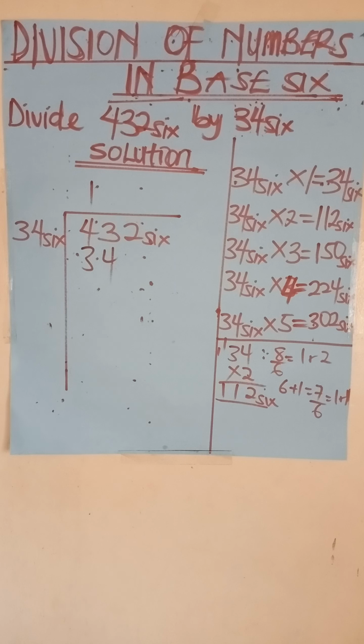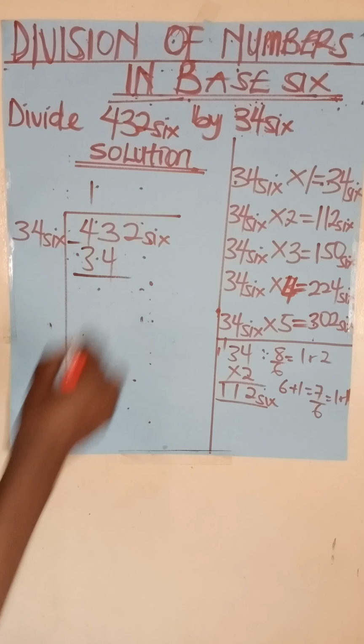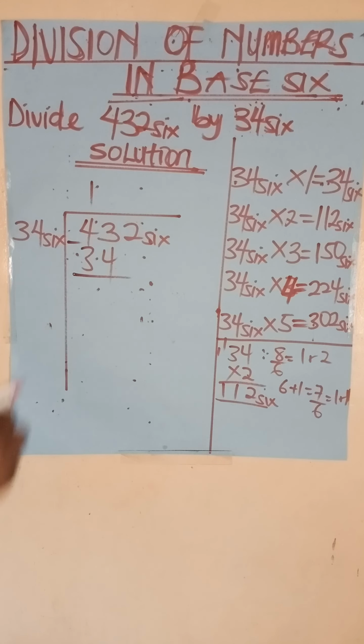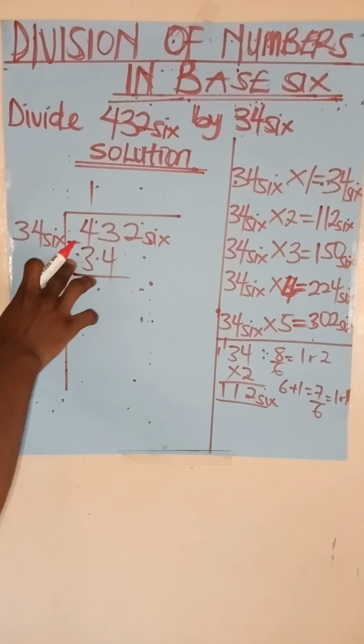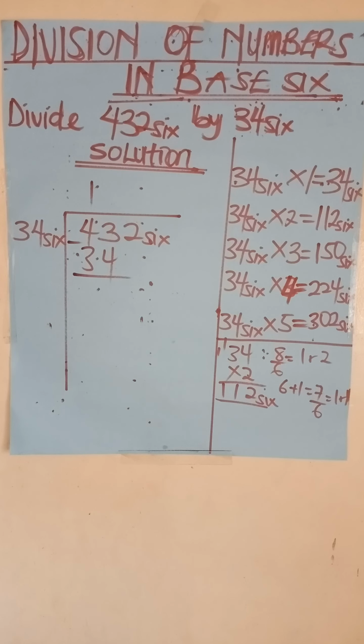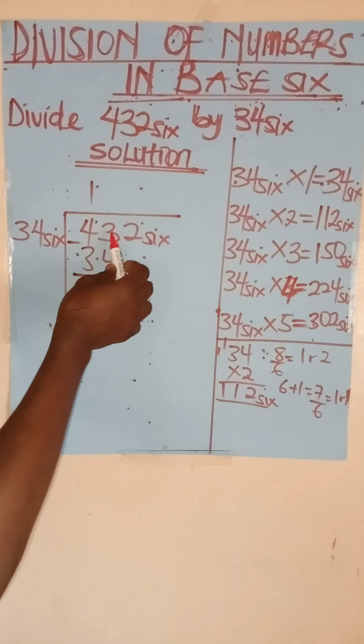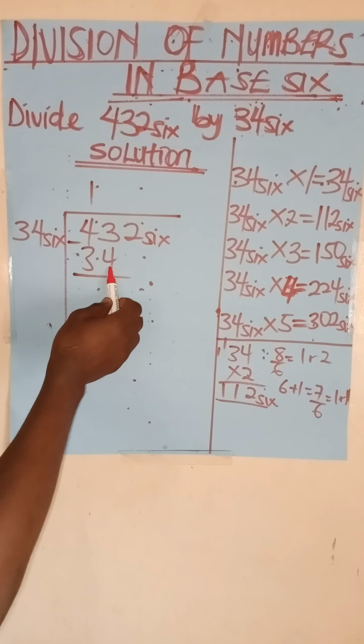Now after this, what would I do? The next thing for me to do is to subtract. I will minus. Now let me minus. Subtracting 43 from 34, I want to subtract 43 from 34. Then I'll start by saying 3 minus 4.